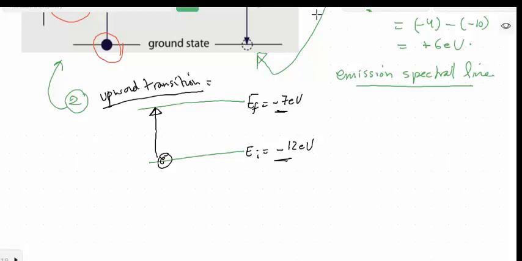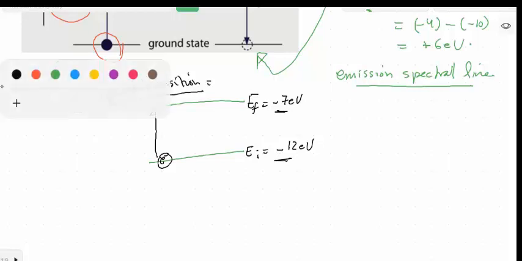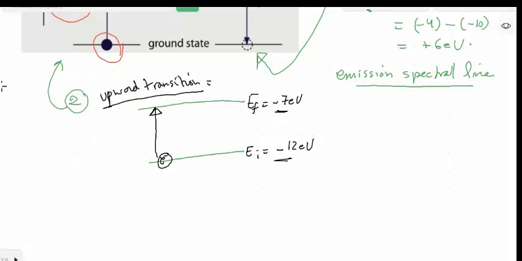So it needs to absorb a specific photon. It doesn't absorb any photon, okay? It needs exactly a photon equal to 5 electron volt in order to jump to the higher energy state. Only 5 electron volt can move it to the higher state.